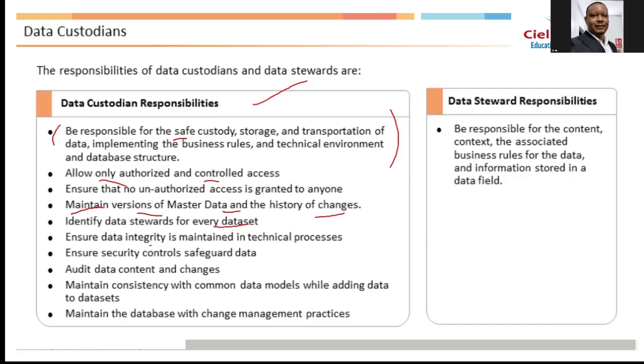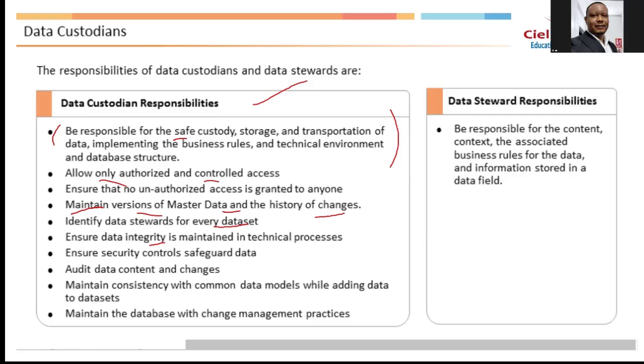Then also ensure data integrity is maintained in technical processes. When we talk about technical processes, you're talking about things like backups, encryption, and data validation. The data custodian ensures that you maintain data integrity during all these technical processes.